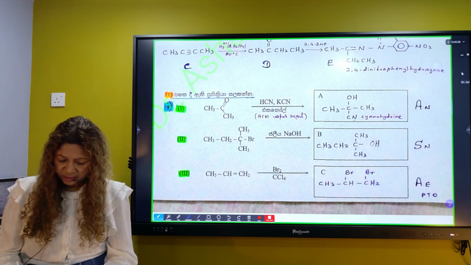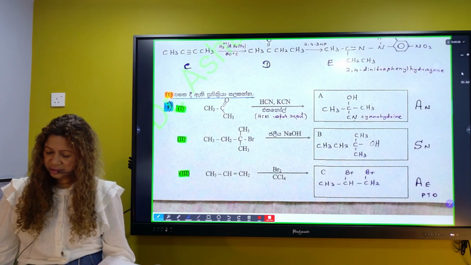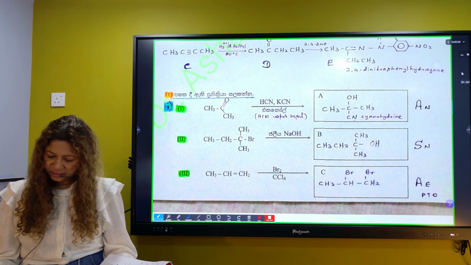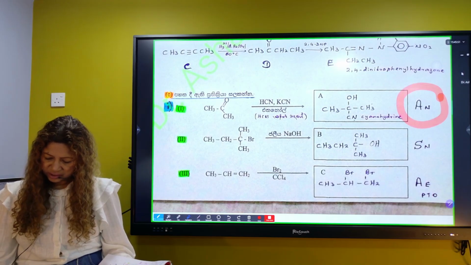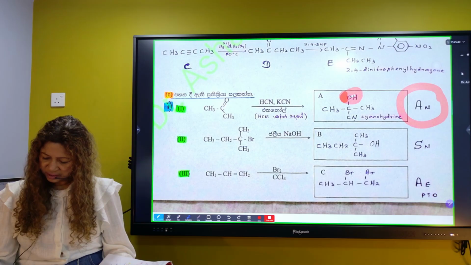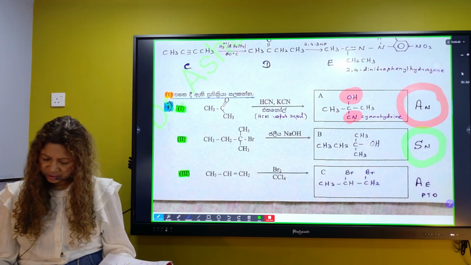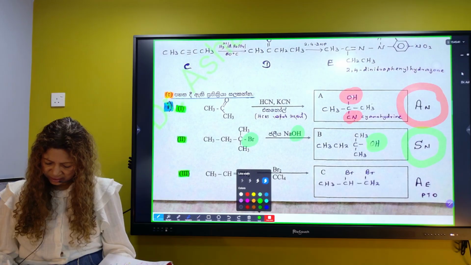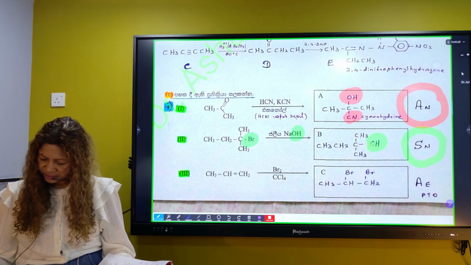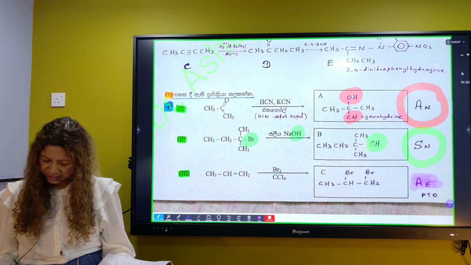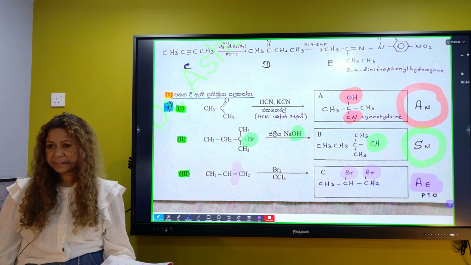Let's see. Okay, just the product. Nucleophilic addition, so OH and CN are joining, and then nucleophilic substitution, this OH instead of Br is joining, and then this one, electrophilic addition, double bond adds to bromine.